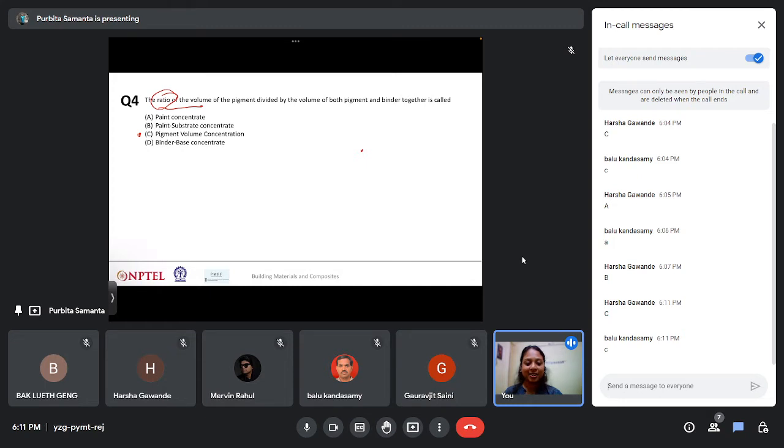This is of course the correct answer. It's basically the PVC, or the pigment volume concentration. This PVC is not the same as the polyvinyl chloride that we talk about. This PVC about paints is basically the pigment volume concentration. We have also learned another one, UPVC, but that is different.